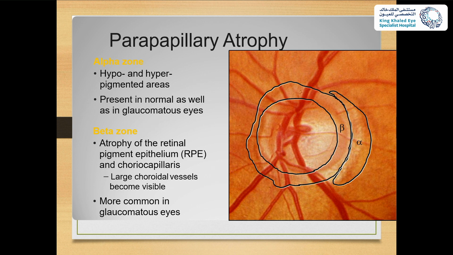The choroidal vessels and the sclera become visible under the retina. It is more common in glaucomatous eyes. The beta zone itself is also not pathognomonic for glaucoma, but if the size of the beta zone increases with follow-up, for example in a glaucoma suspect patient, it is diagnostic for glaucoma.